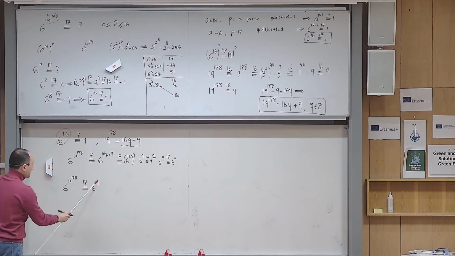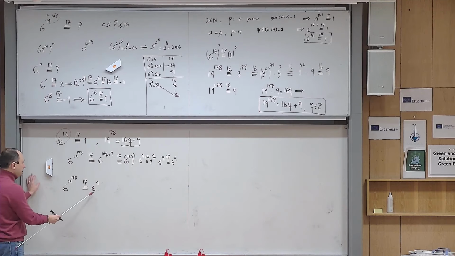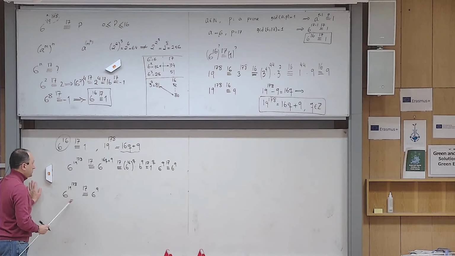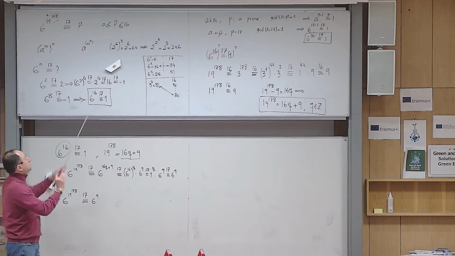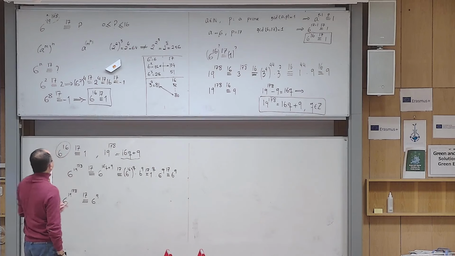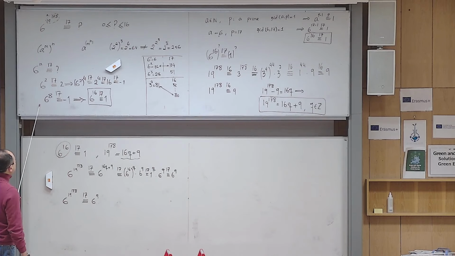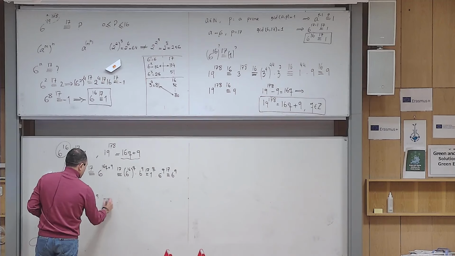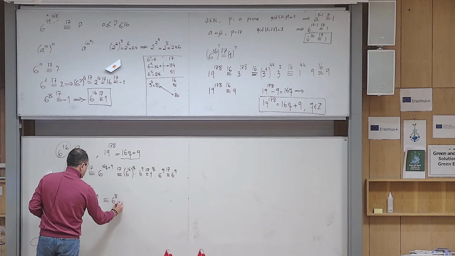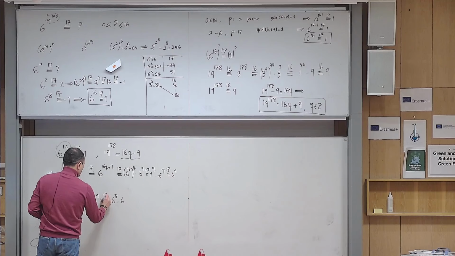Okay, but this is not acceptable, even though it is a very small number compared to this one, because I have to have this condition as well. But now look, I had this before, yes? 6 to the power 8 is minus 1 modulo 17. This is 6 to the power 9. So it is very simple to decompose it to 6 to the power 8 times another 6 modulo 17.